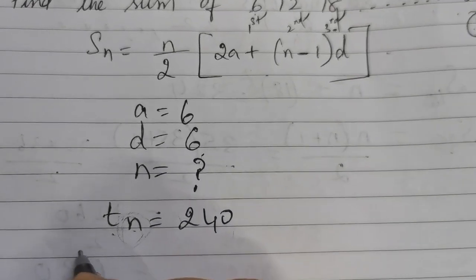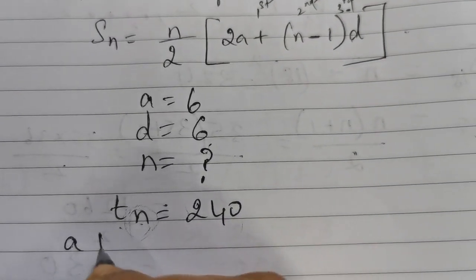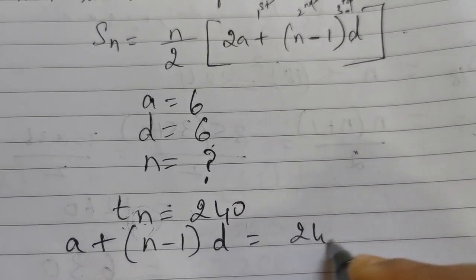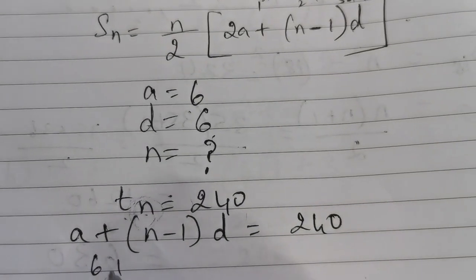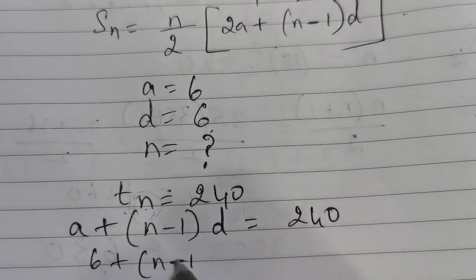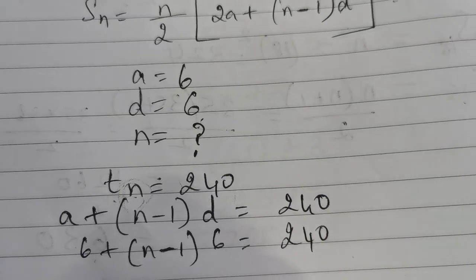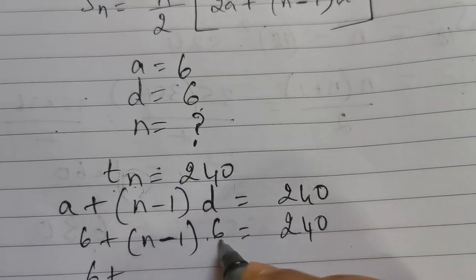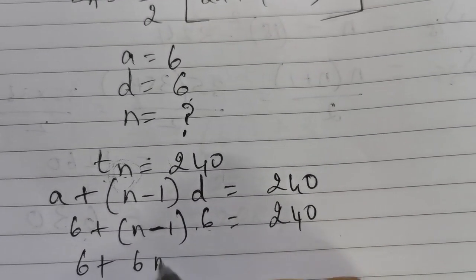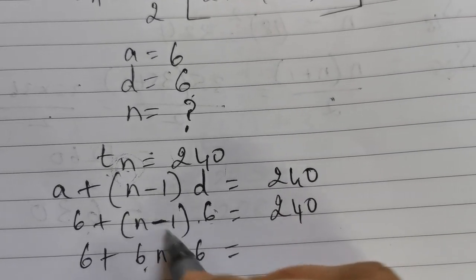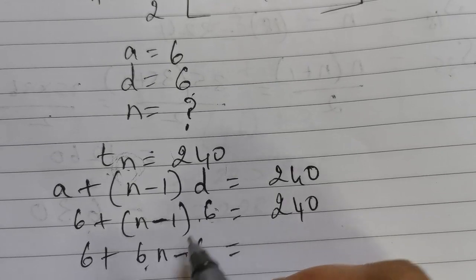So what is the formula for Tn which we studied in the previous video? A plus (n minus 1) into D is 240. Now we know A is 6. We don't know n, we are going to find that. D is also 6. Simplifying the bracket: 6 plus 6n minus 6 equals 240. 6 into n is 6n, and 6 into minus 1 is minus 6.